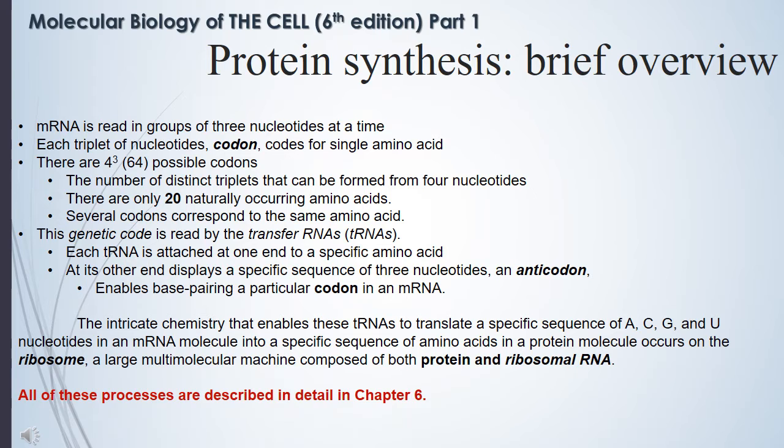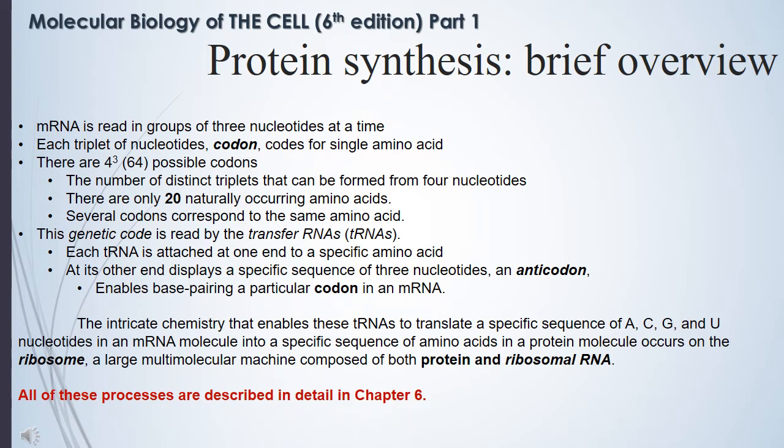So let's briefly talk about protein synthesis. This process is complex, and we will revisit it later on in the chapter. But the overview is as follows. The messenger RNA, which is the transcript product of DNA, is read in triplet nucleotides. Each triplet is known as a codon, and it codes for a single specific amino acid.